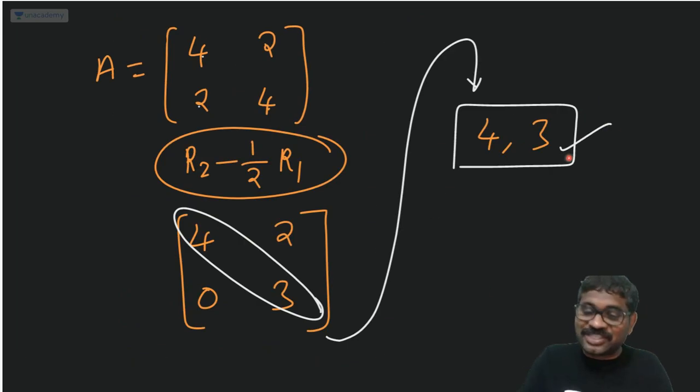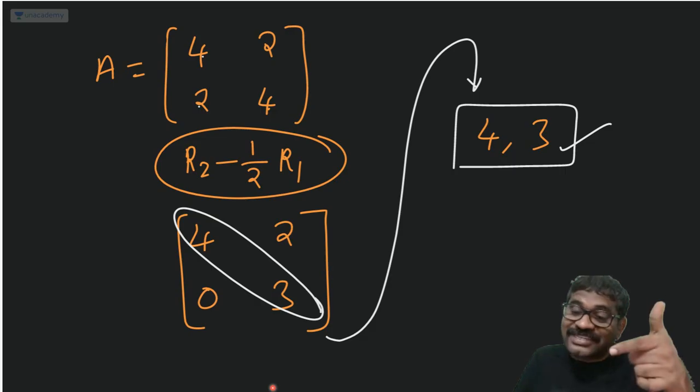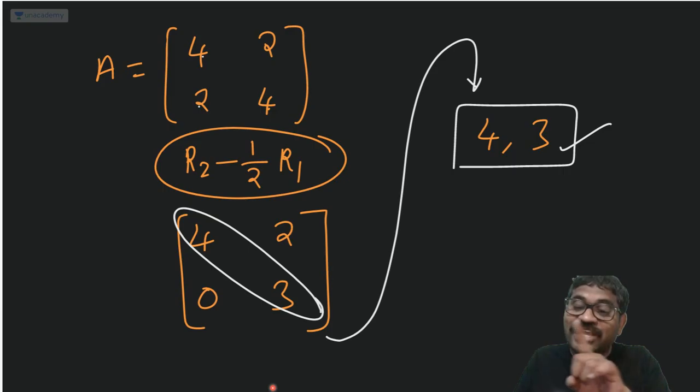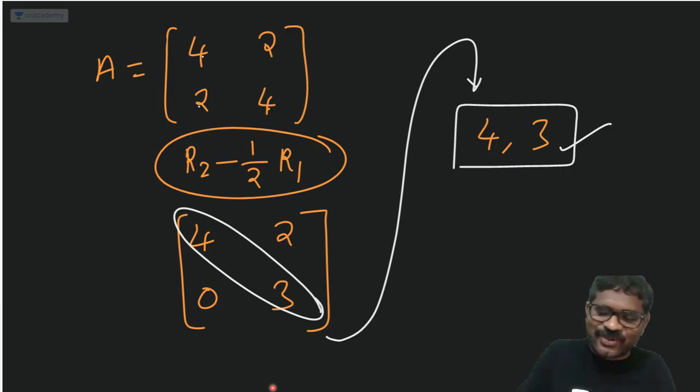But this process is incorrect. You should not apply operations to calculate eigenvalues. The determinant value is the same because applying operations does not change the determinant value. Understood?